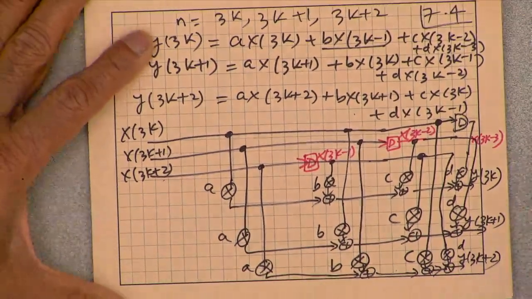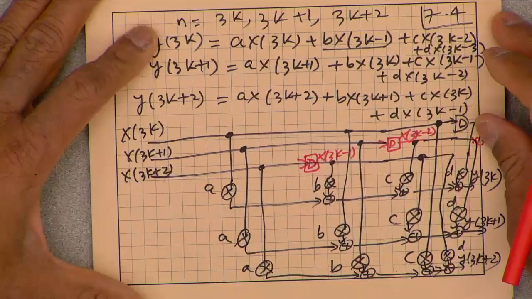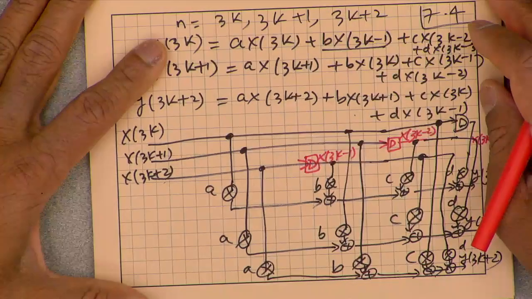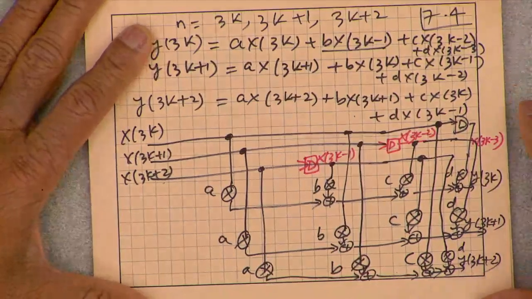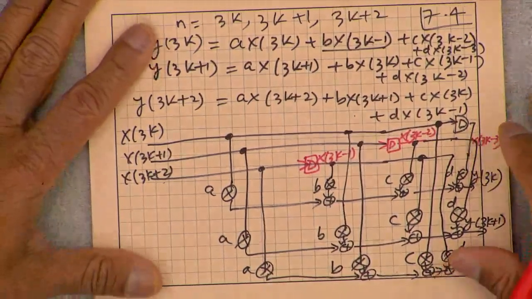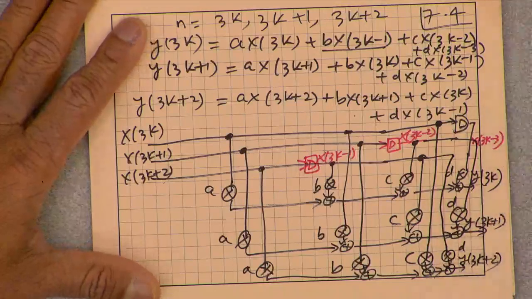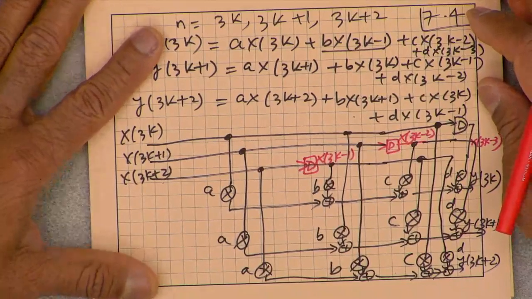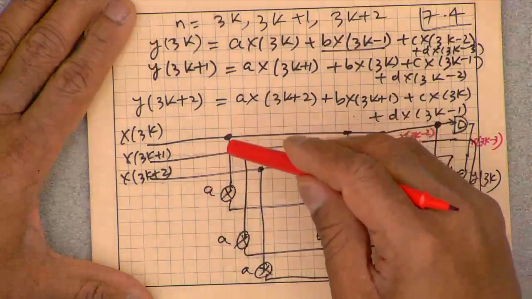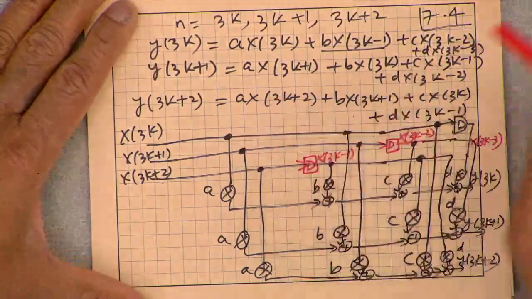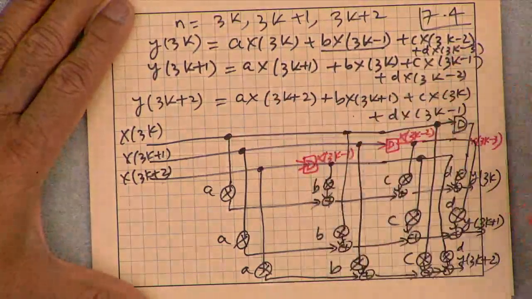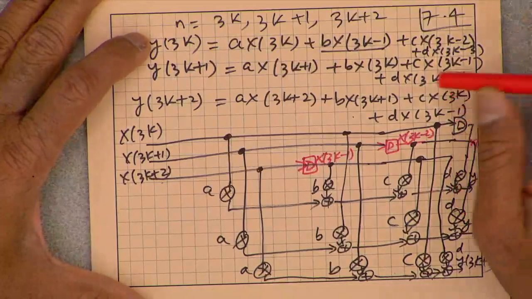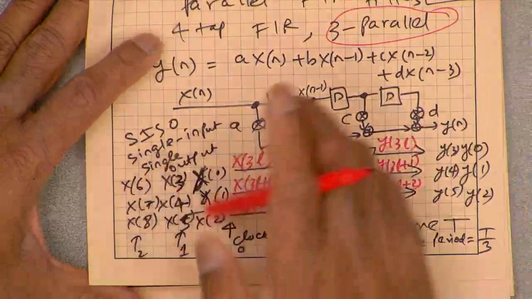So what we have accomplished so far is that there is no reason why we couldn't operate these in parallel. We will see later on in the semester that any system that does not contain feedback can be operated with arbitrary parallelism. I could implement a 100 parallel filter, 1000 parallel filter, it doesn't matter. There is no fundamental bottleneck to increasing the level of parallelism because the FIR filter has no feedback.